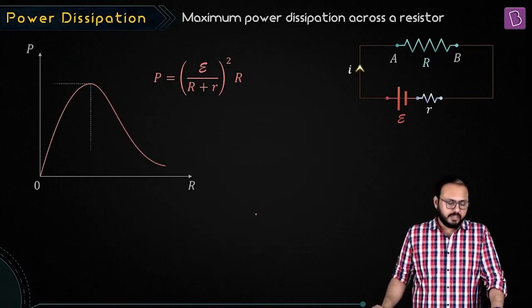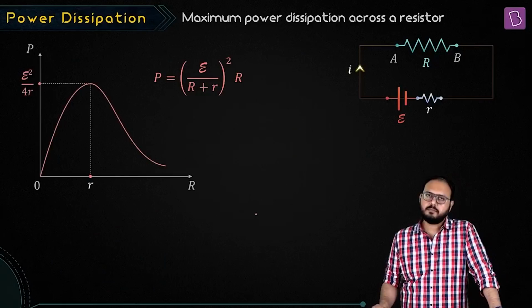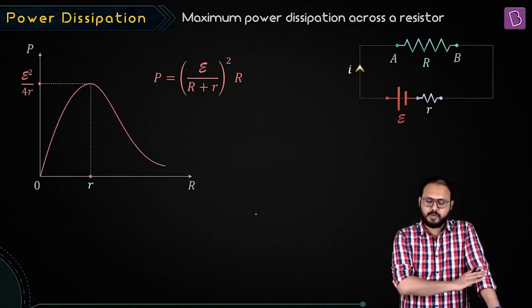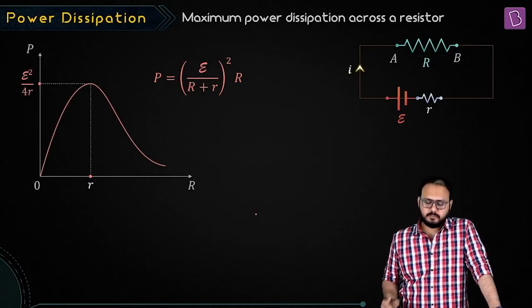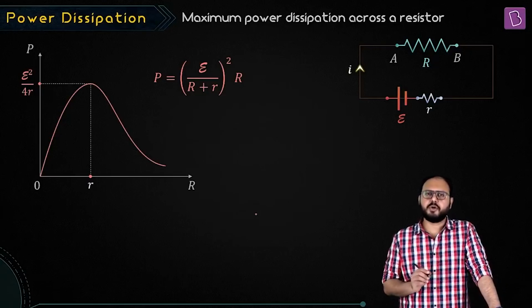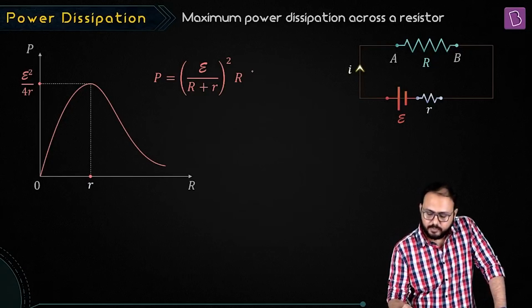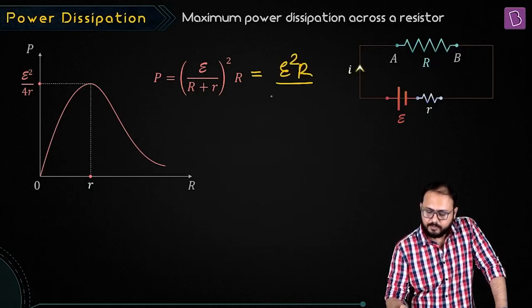The variation is going to reach a cusp somewhere. There is a variable in the numerator and a variable in the denominator, so it's not that simple. This is E square R upon R plus r whole square.